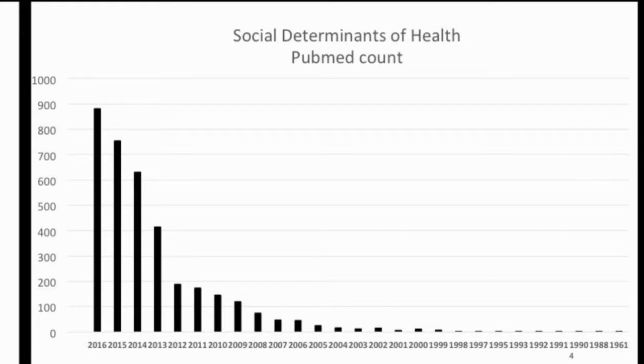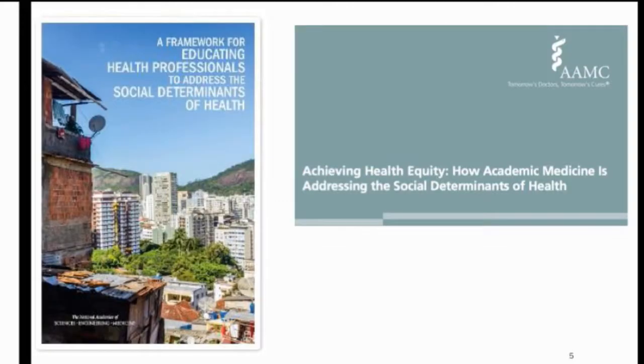So social determinants of health is a hot topic. It's something receiving enormous amounts of attention over the past 15 years or so especially, and it has become crucial and central in terms of understanding what we need to prepare students and residents to do in the practice of medicine of the future.